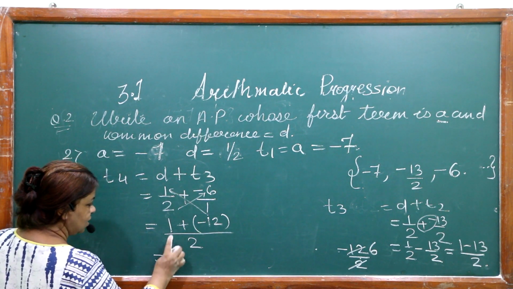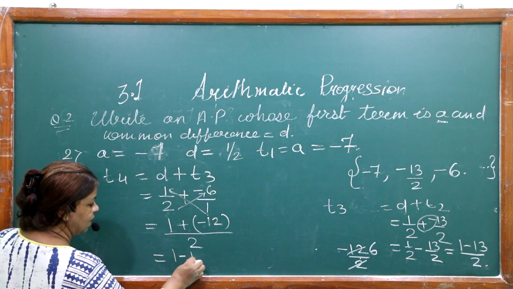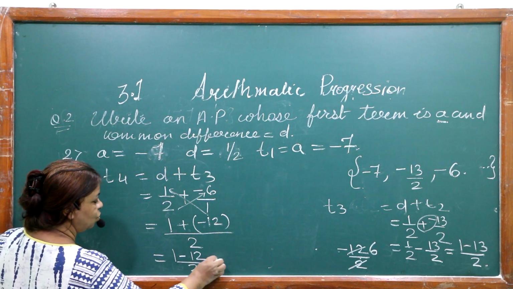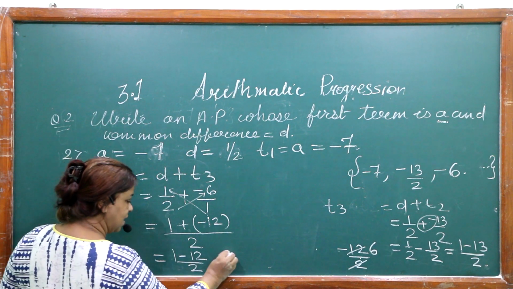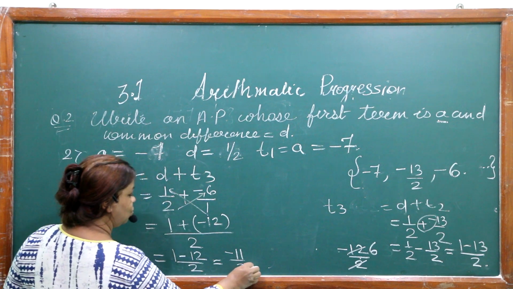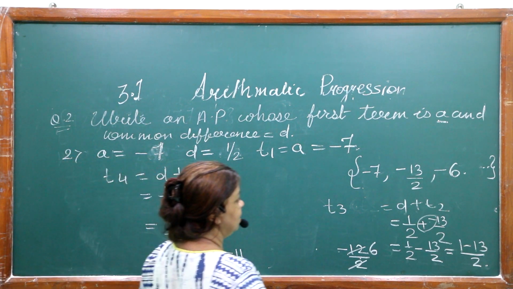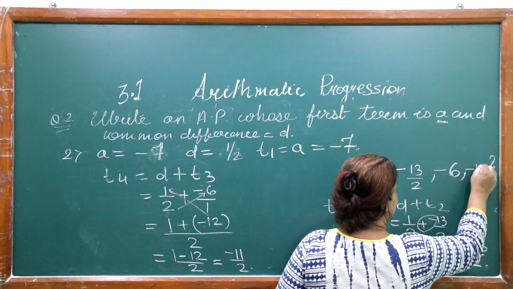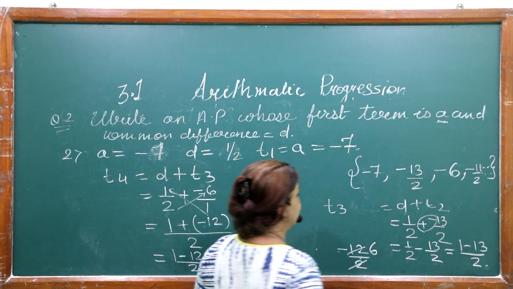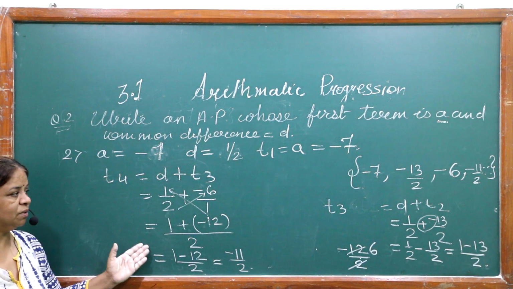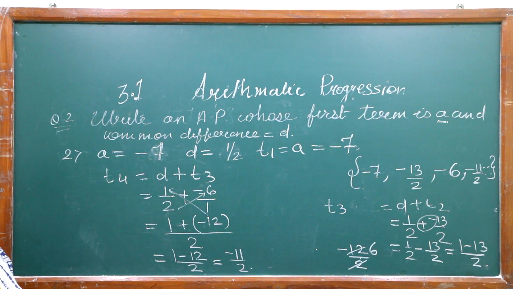Now here it is plus minus, minus 1 minus 12 upon 2. 1 minus 12 is minus 11 by 2. So your fourth term is minus 11 by 2, and so on. So 4 terms minimum you are supposed to find out, if you have noted.